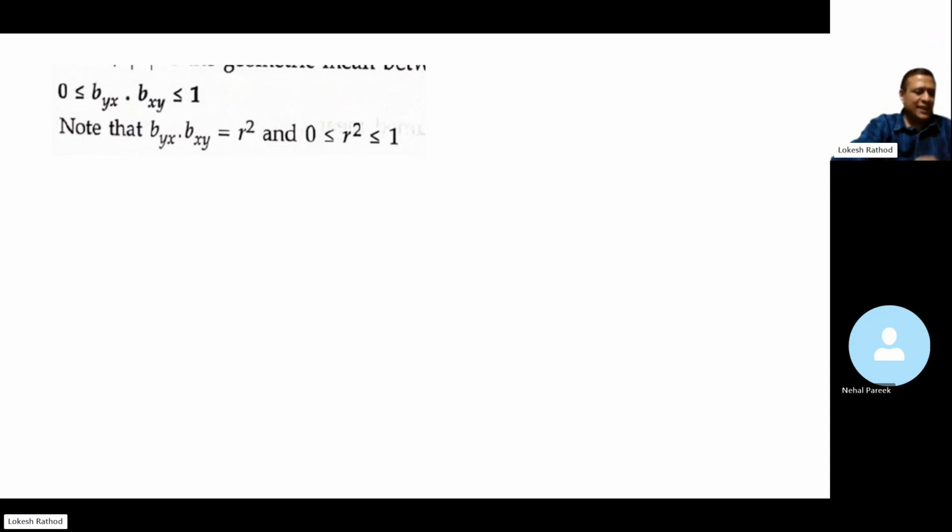And we know R lies between -1 and 1. R square is always between 0 and 1. So this product is always between 0 and 1. This is just an observation. This will not help us in formula, but for some MCQ it can be helpful. This will not help us as such in question solving, but as an MCQ you should remember it.